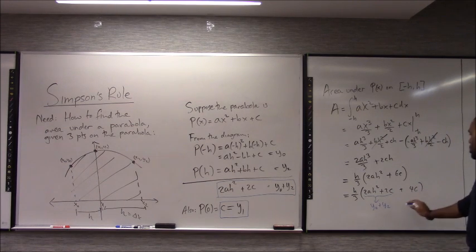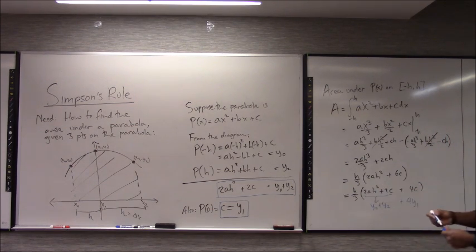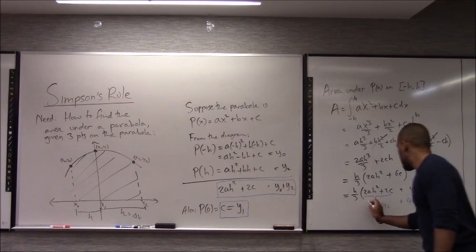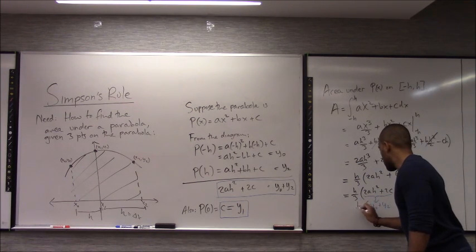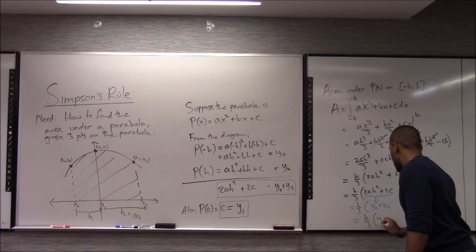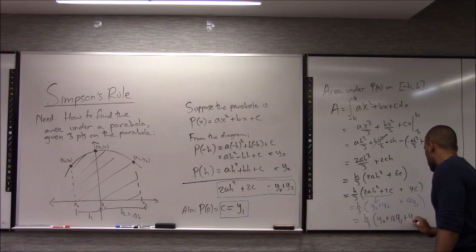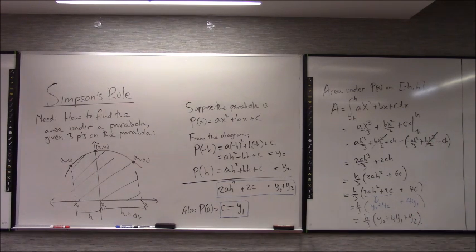And this part over here is going to be plus 4y1 by applying those equations. So this gives us h over 3 times y0 plus 4y1 plus y2.